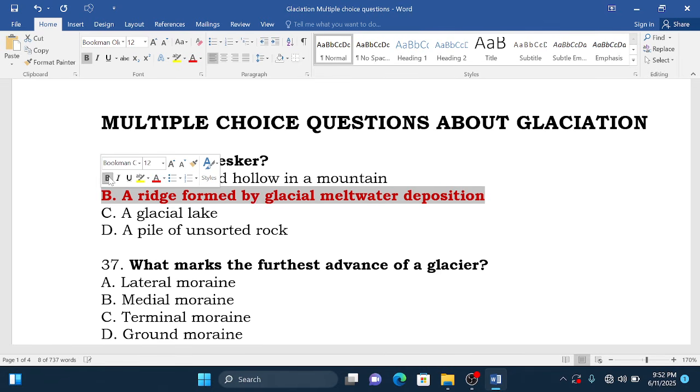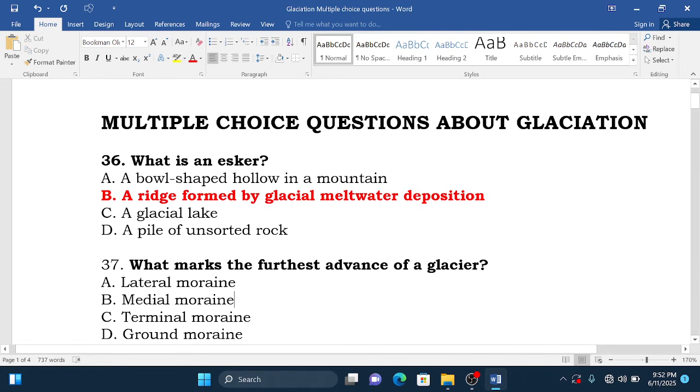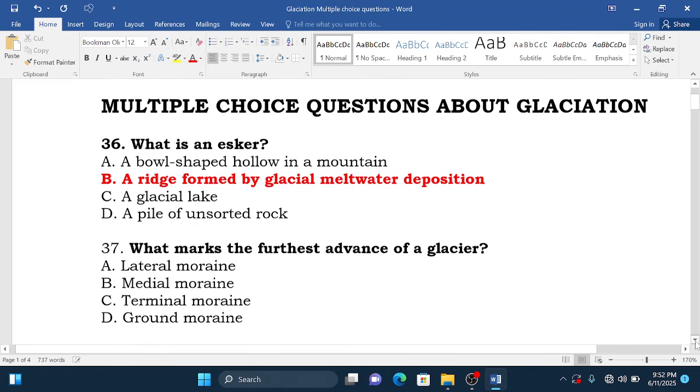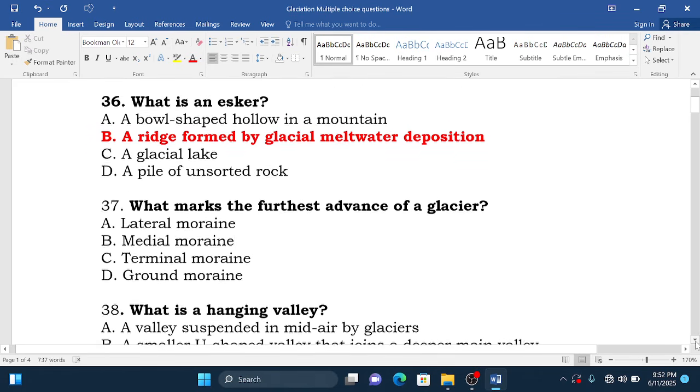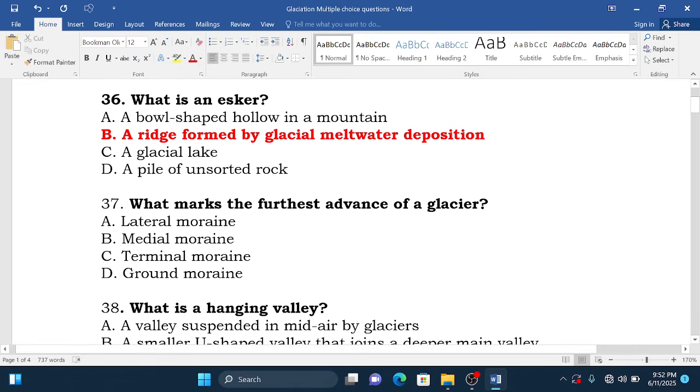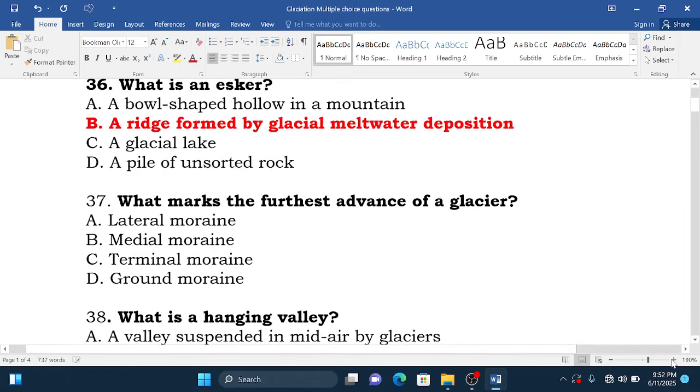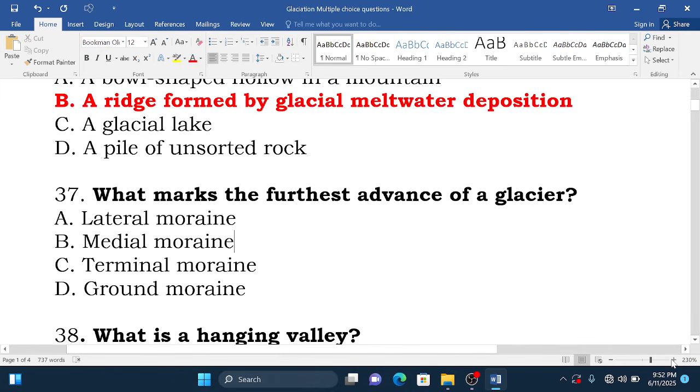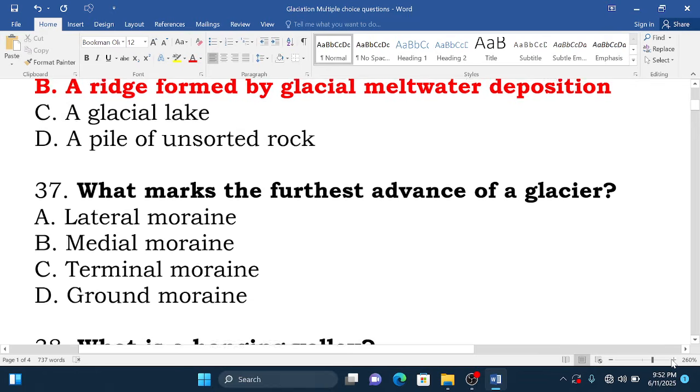Question number 37 is asking, what marks the farthest advance of a glacier? The farthest advance of a glacier is marked by A, lateral moraine, B, medial moraine, C, terminal moraine, D, ground moraine.